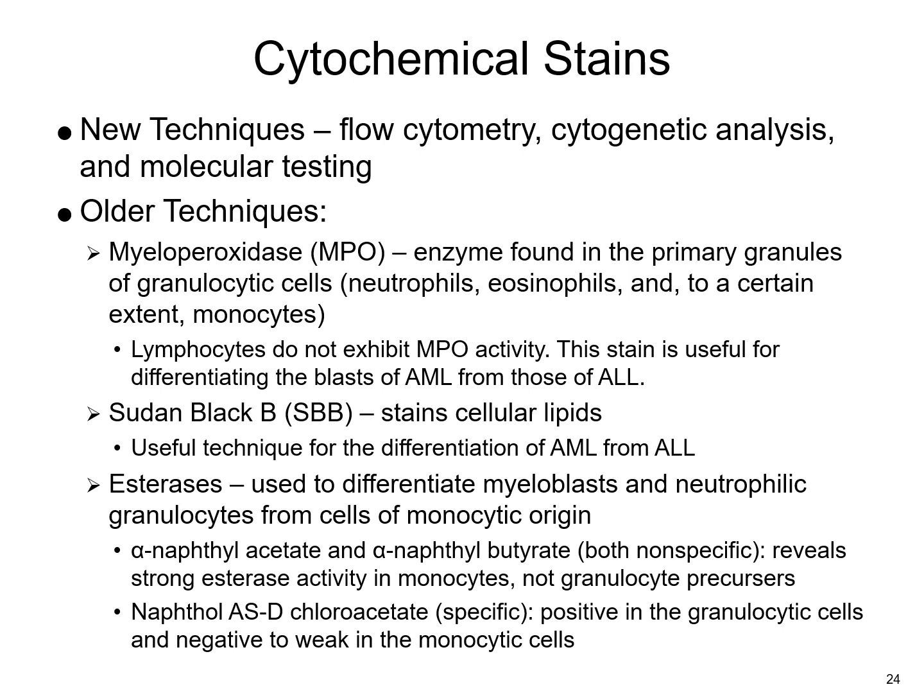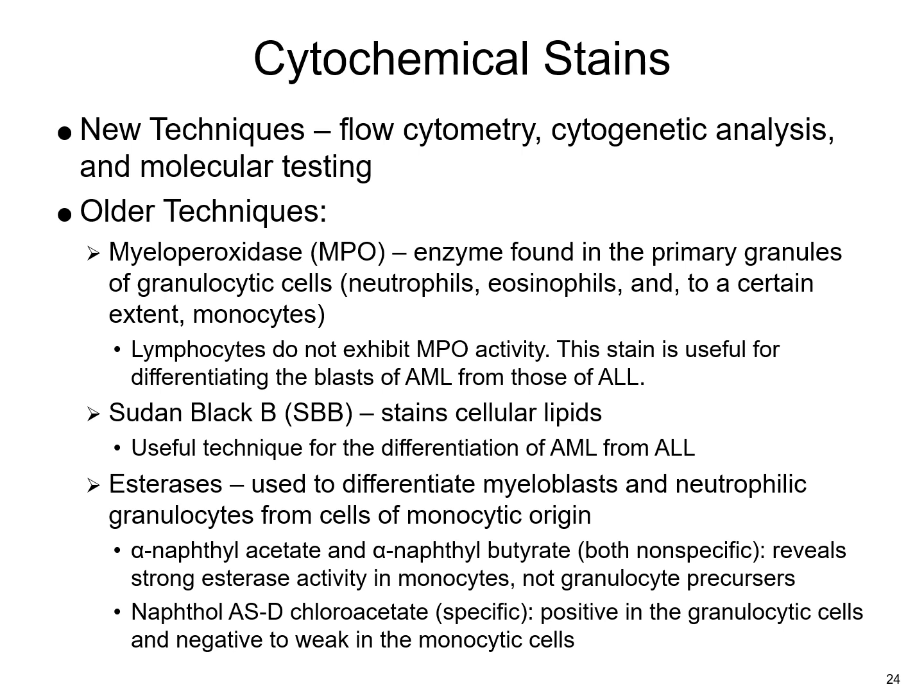So these particular stains are going to target that particular component of those granules. Lymphocytes do not exhibit any myeloperoxidase activity. So this stain is used to differentiate blasts to determine whether they are from a myeloid lineage or a lymphoid lineage. If you see positive reactivity, then you know it's a myeloid lineage.